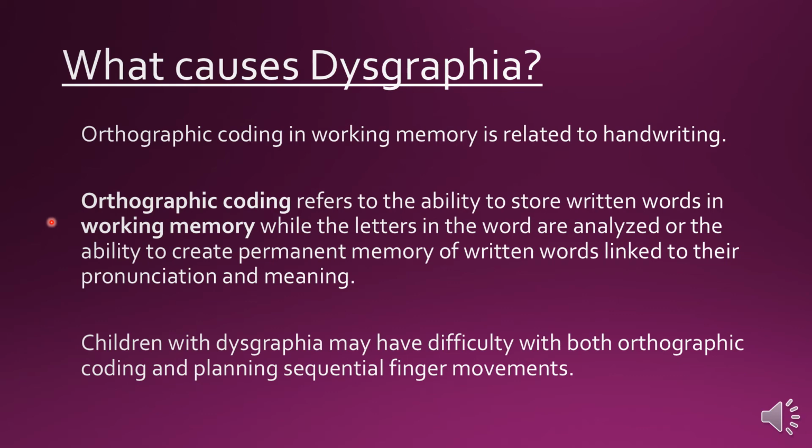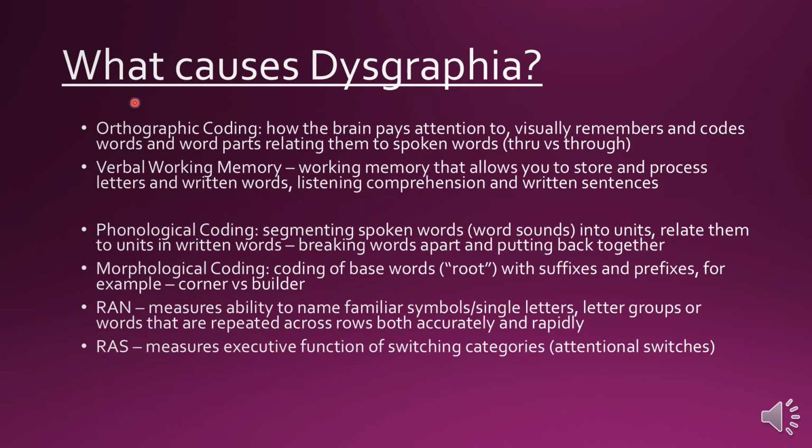They may have trouble with orthographic coding or planning sequential finger movements. So these are some of the things that go into it. I'm not going to go too much into detail, but the phonological coding, we already talked about the orthographic and the working memory. Phonological coding is segmenting spoken words.